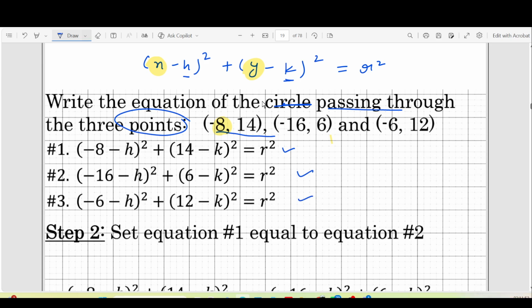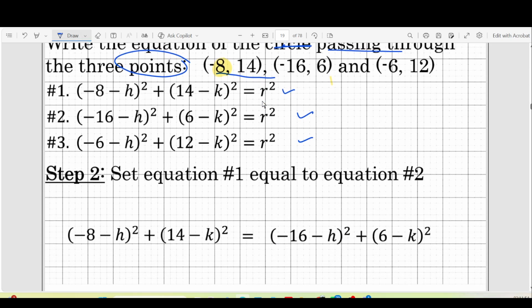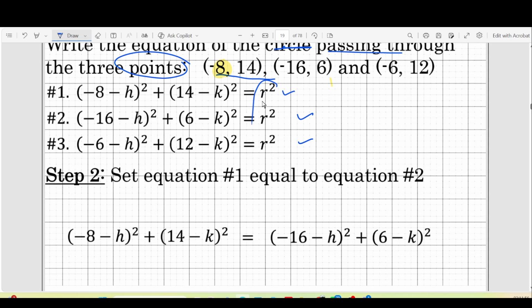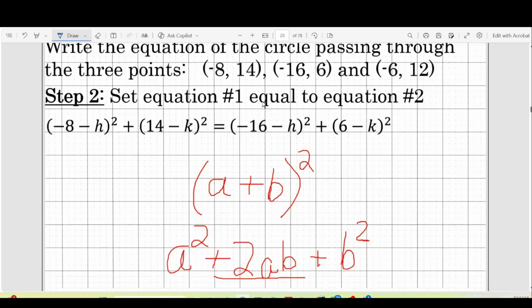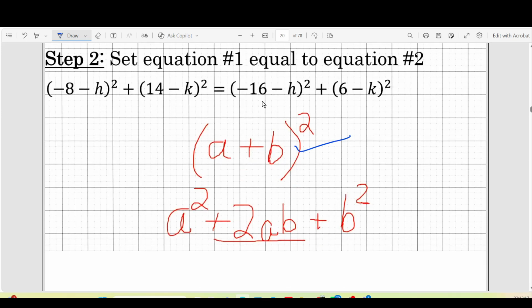Now because they all are equal to r square, we can equate these two. We can set equation 1 and 2 equal. If we set these two equations equal, we know this formula: a plus b whole square is equal to a square plus 2ab plus b square.